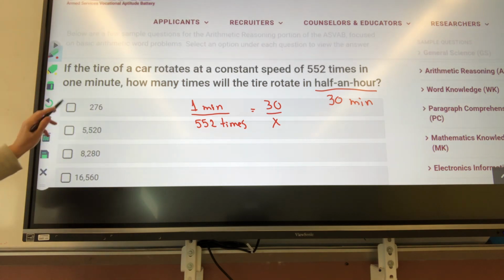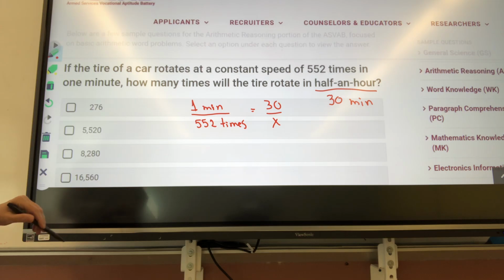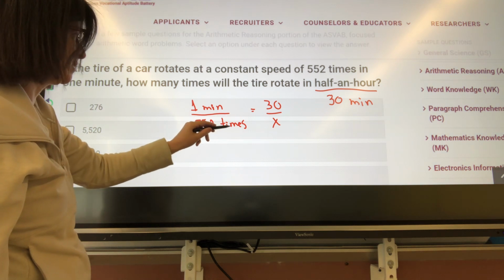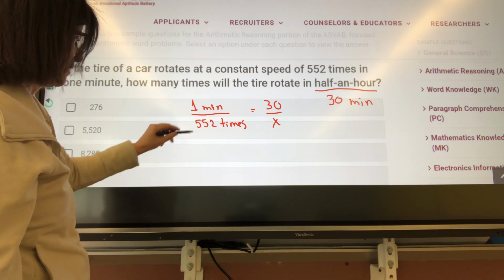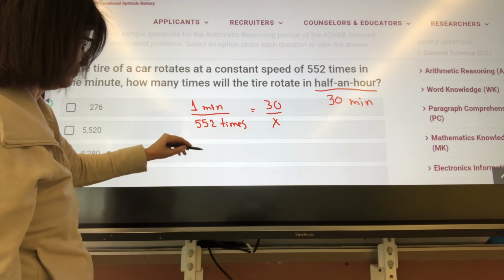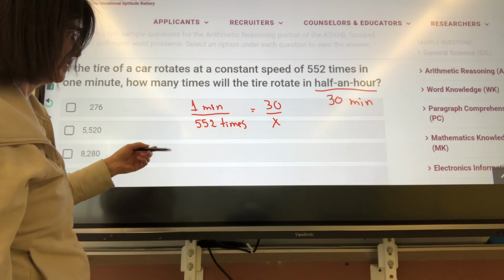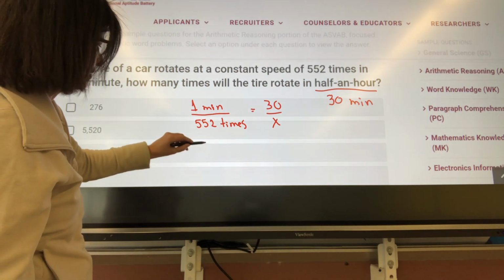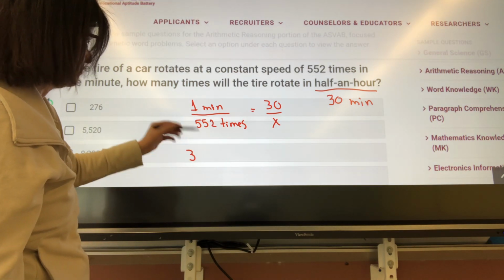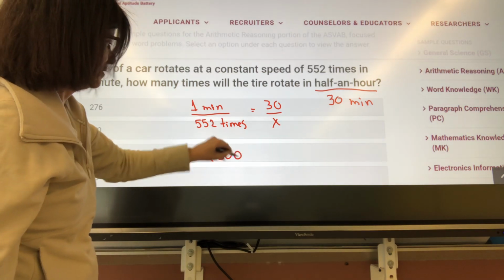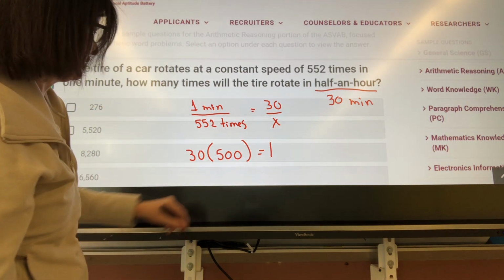Now I can see that my options here are pretty close together, actually not close together. So if it rotates 552 times in 1 minute, if I take, for instance, 500 times, then I know that my answer is going to have to be higher than that, because I'm rounding down. So if I do 3 times 30 times 500, this gives me 15,000.